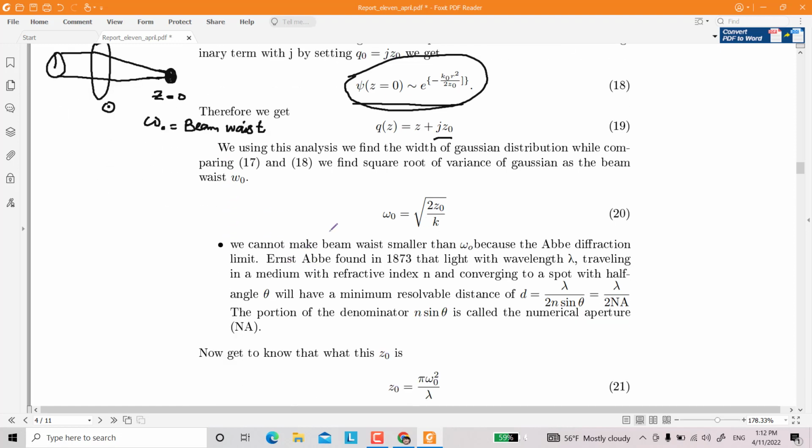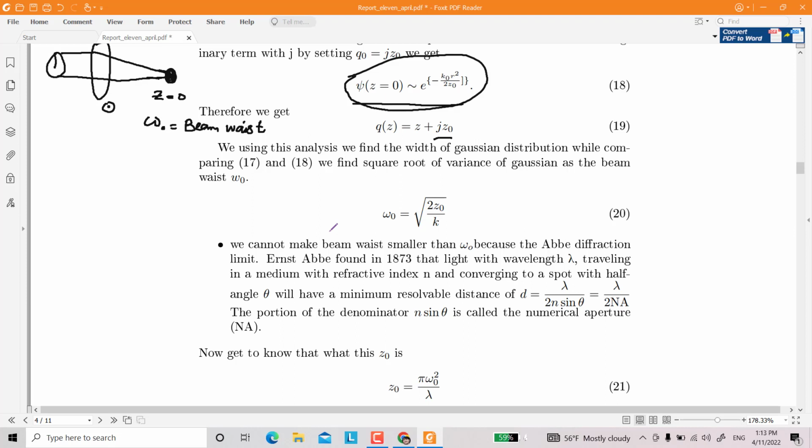Okay, so remember, from the wave theory of diffraction, we know that we cannot make a beam waist smaller than omega naught because of Abbe's limit, diffraction limited optics, right?